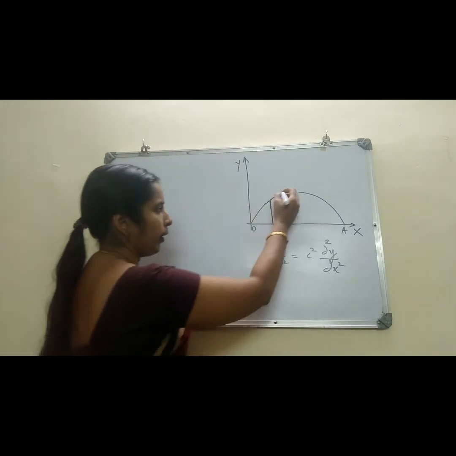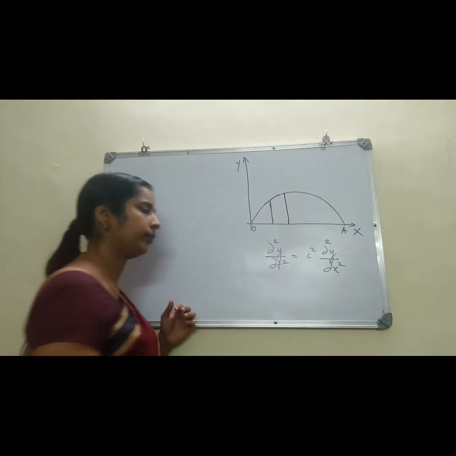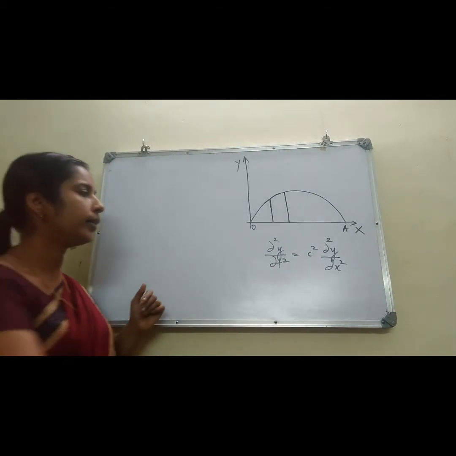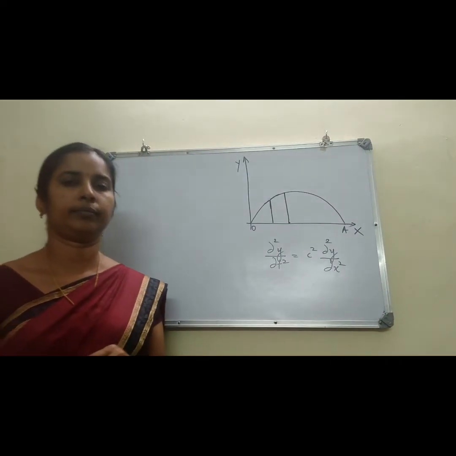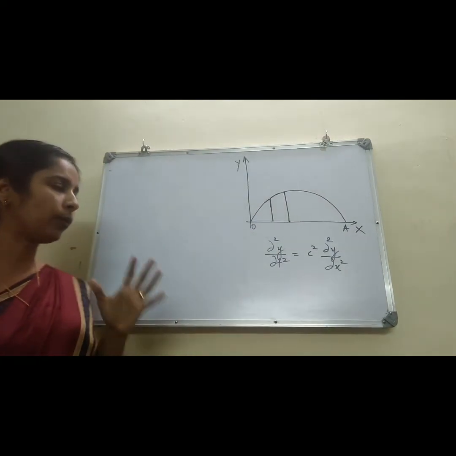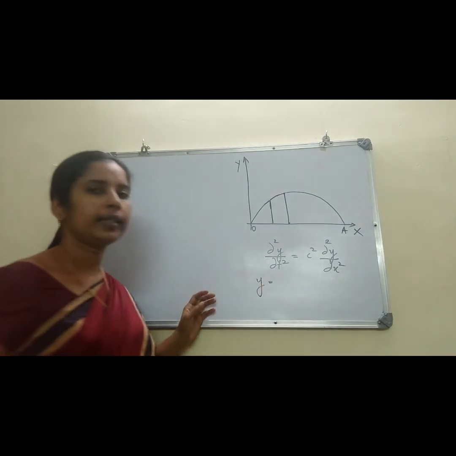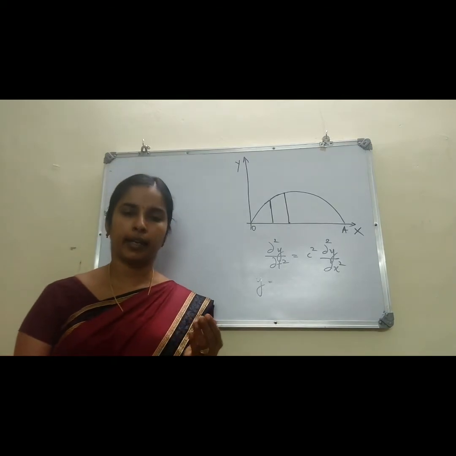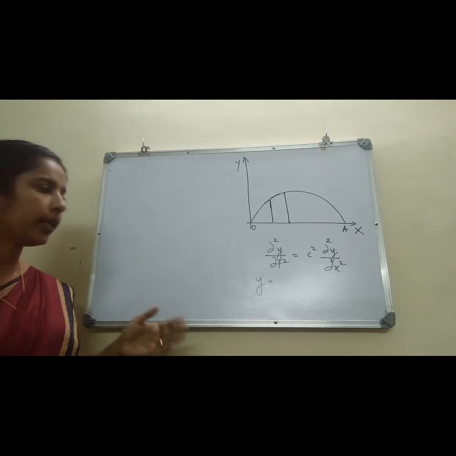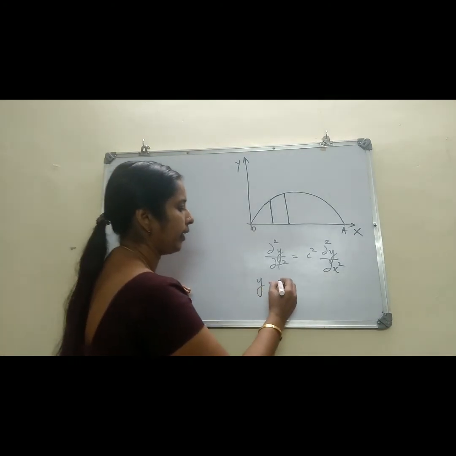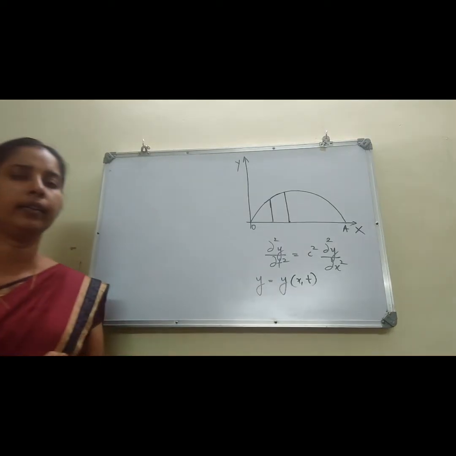You take another point here, its vertical displacement again depends on the distance from the origin and the time. So the vertical displacement y depends on two factors: the distance from the origin, say x, and the time t. That is, we can consider y as a function of x and t.